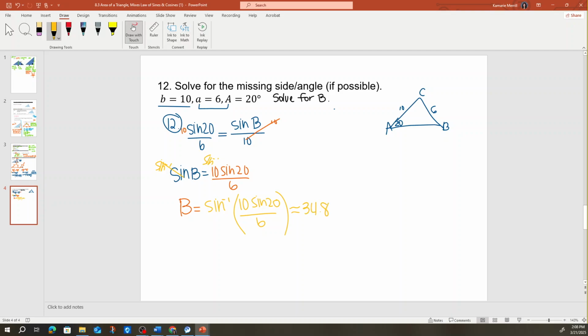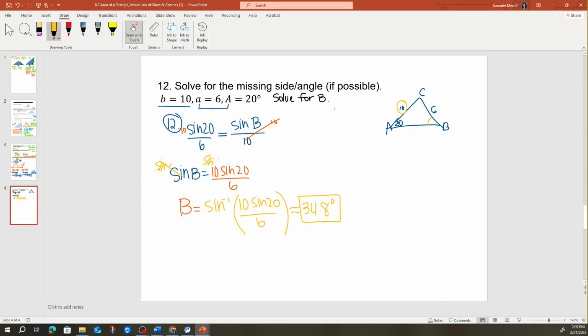Now, we found a degree. Here is the tricky part. This is why I sometimes don't like law of sines. Could angle B potentially be obtuse because it's across from maybe possibly my longest leg? It could be. Based on the way I drew it, it could be obtuse, right?